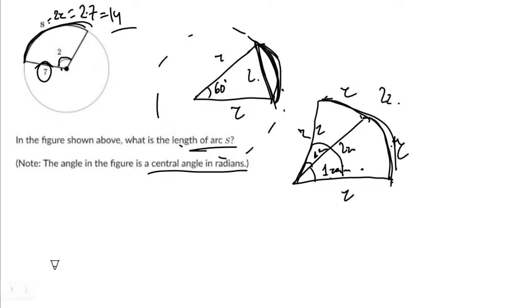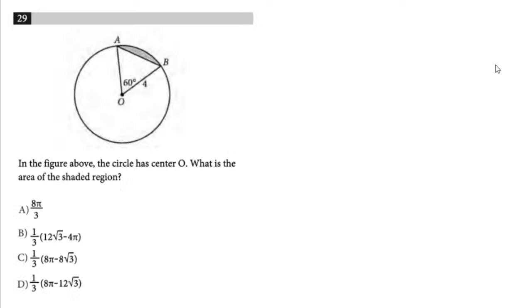Let's continue. Wow, it's also an interesting question. So we have a figure with the circle and center, and we need to find the area of the shaded region. Okay, what we do, we just logically need to find what this shaded area equals to.